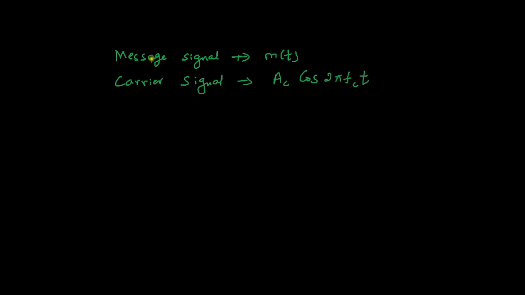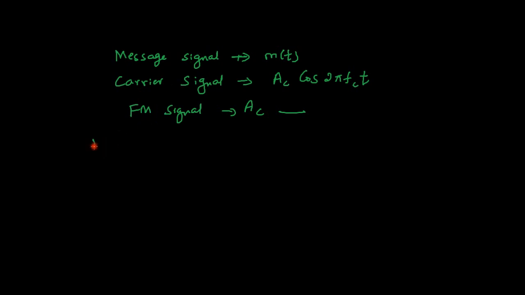Then we generate an FM signal whose amplitude will be same as this, the frequency will be different. We are not aware of the equation, but we know for sure that the frequency of this signal depends on this message signal. So what can we write?